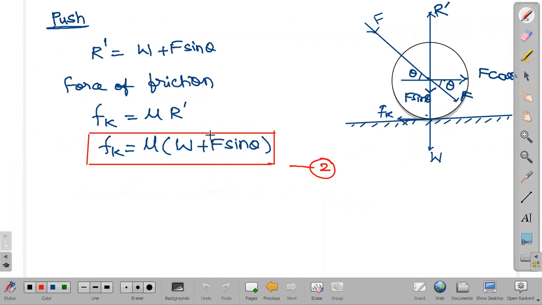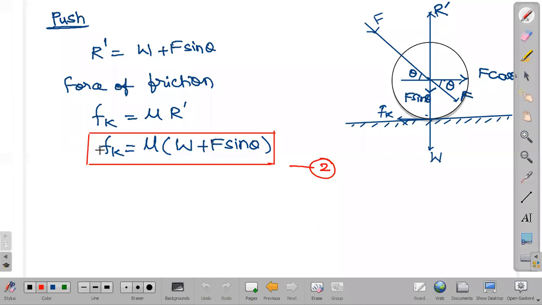So something extra is added to the weight component, and that is what shows in our kinetic friction. Whereas in equation 1, something is reduced from the weight. That means Fk value is less in equation 1, whereas it is more in equation 2.